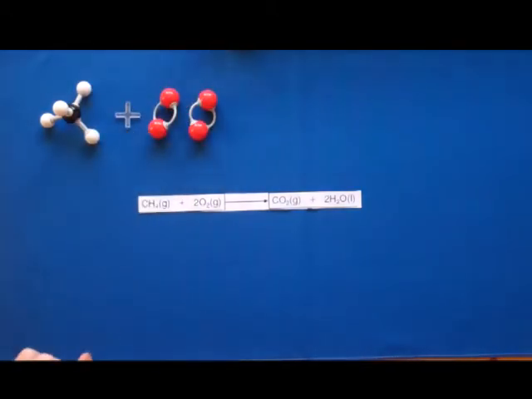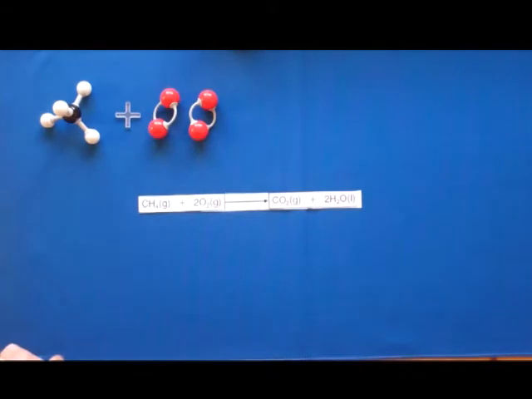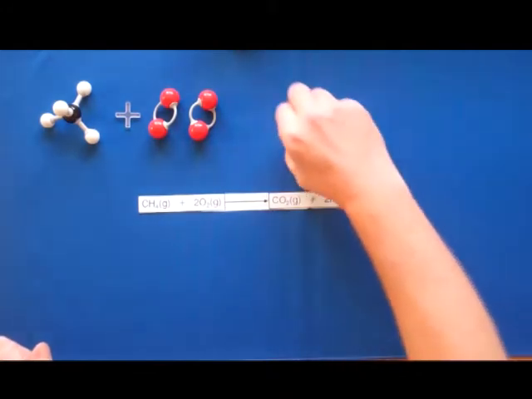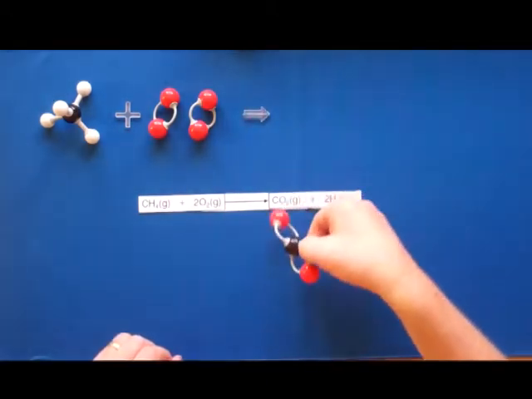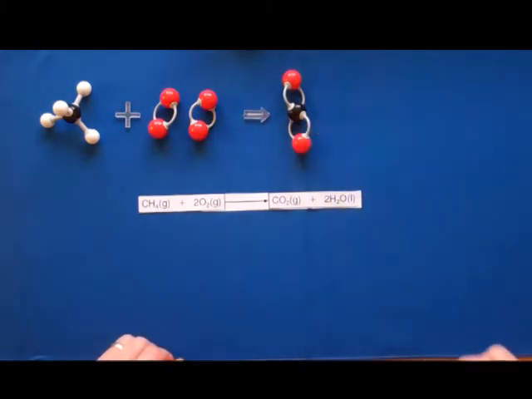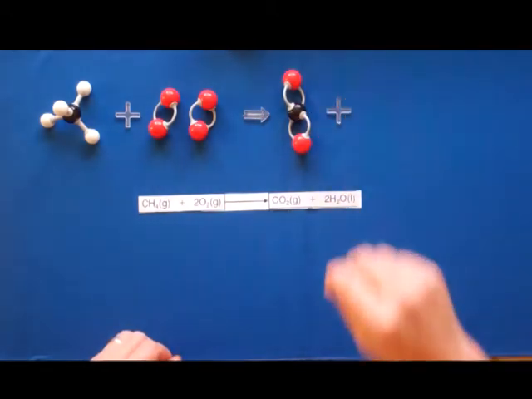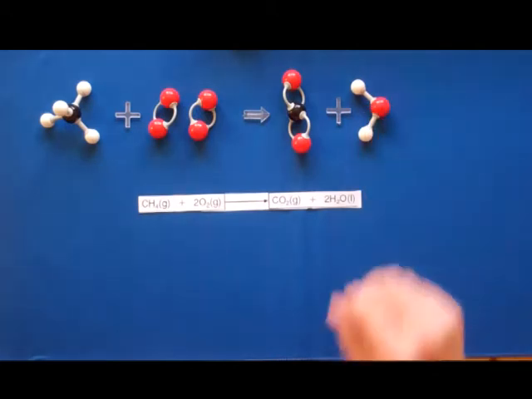The red ones represent oxygen, O2, and the products that we make this way are carbon dioxide, CO2, and water, H2O.